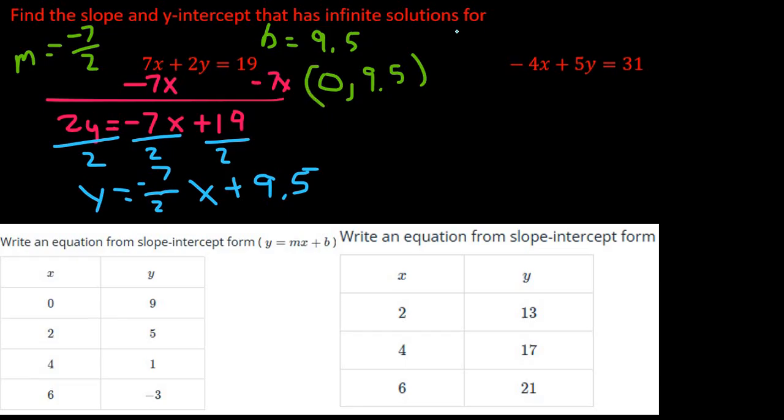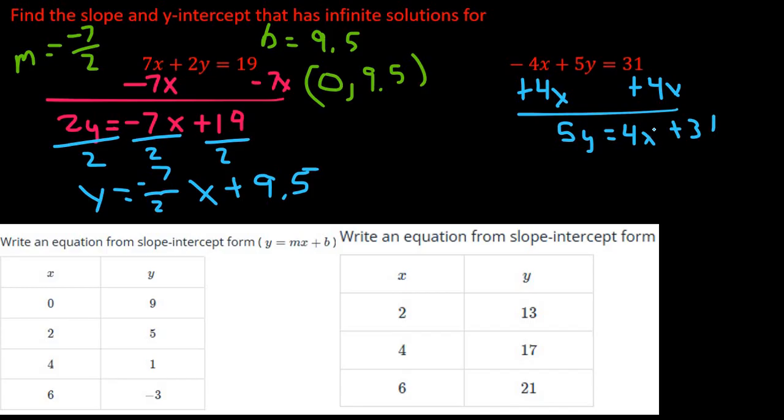And for the next one, we would add 4x to both sides first. It's going to give us 5y equals 4x plus 31. Then we would divide both sides by 5.